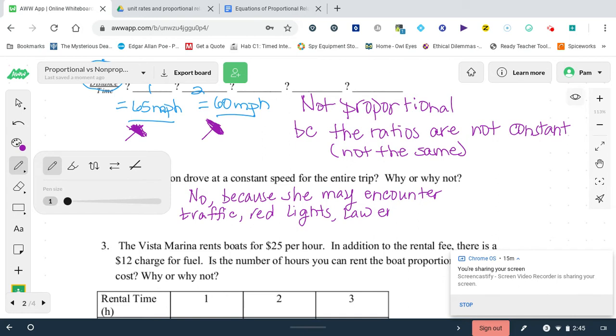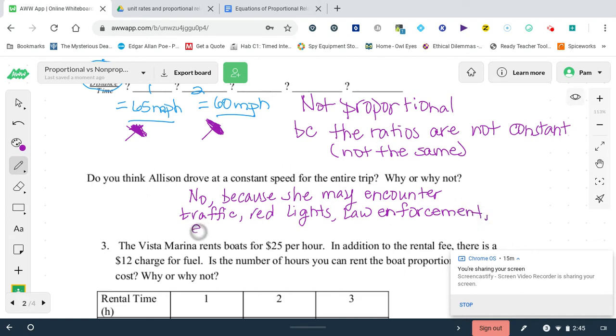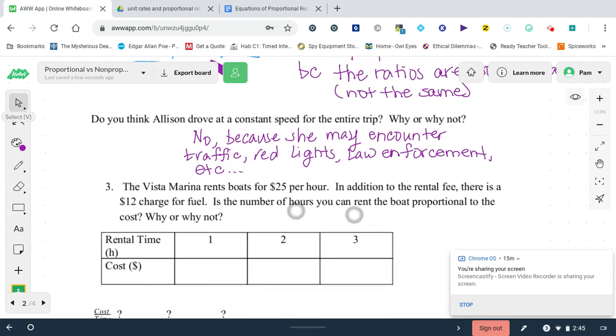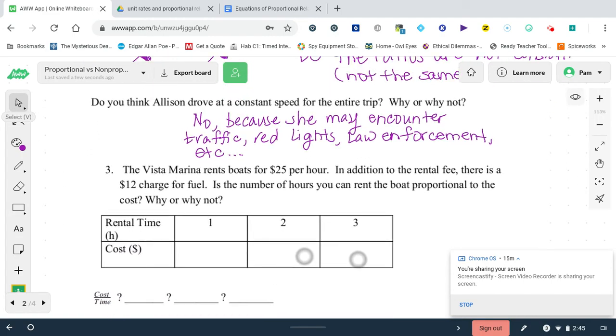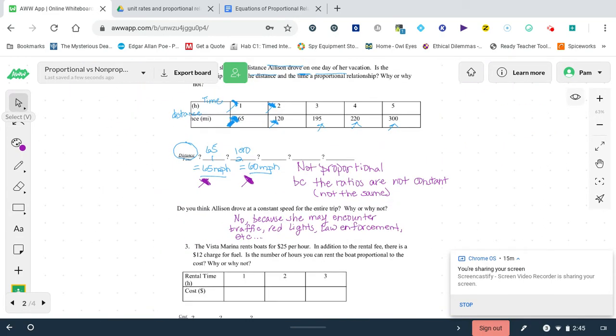You hit the brakes. Nobody wants a ticket. Etc, which stands for etcetera. That means several things that could happen that could cause her to slow down and speed up.